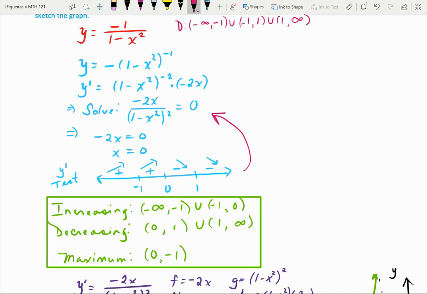The reason we know that is because my denominator is squared. So if the inside is positive, squaring it keeps it positive. If the inside is negative, squaring it makes it positive. So if the numerator is positive, the whole thing is positive, which is why we show that y is increasing.